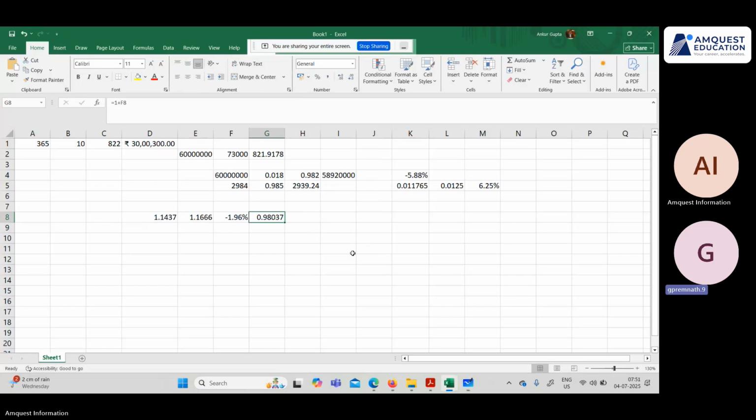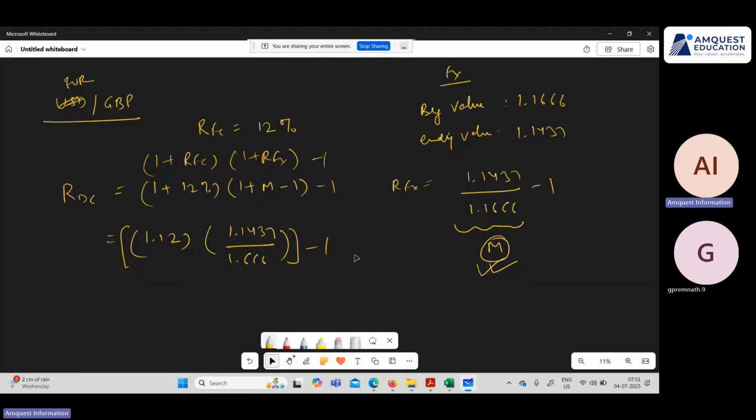Why can't we just do 12% minus 1.96% minus 12% into 1.96%? What you're saying is RFC, which is 12%, and then minus the RFX.